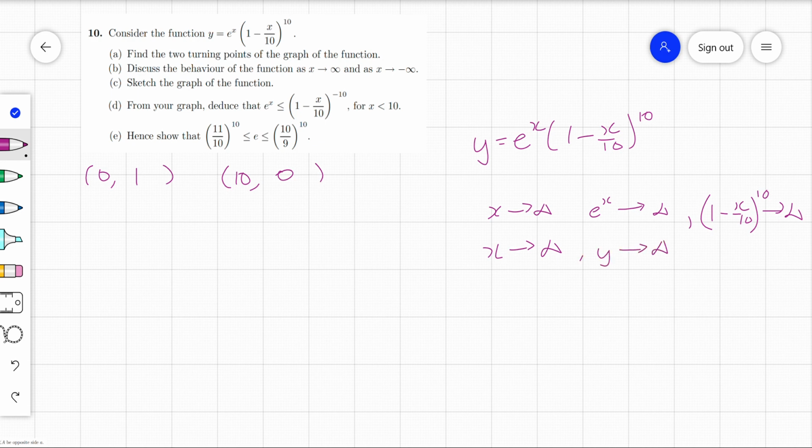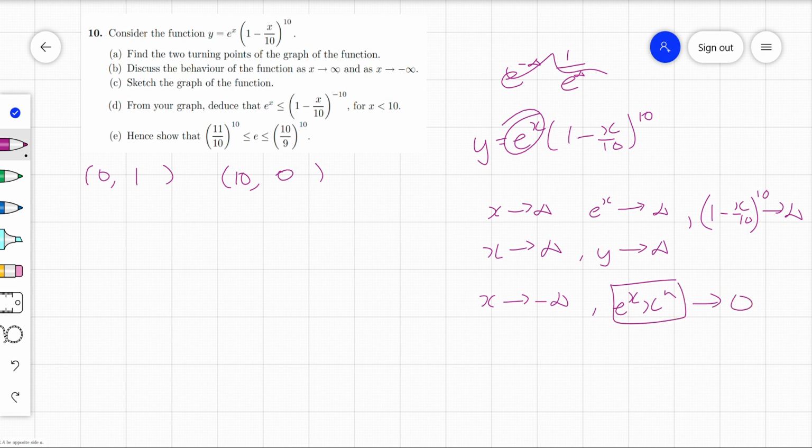So let's have a look at what happens when x goes to negative infinity. For this first part, I could put in negative infinity and I've got 1 on e to the infinity. So it's still positive, it's just getting smaller and smaller, so actually going towards 0. We also know that as x goes towards negative infinity, e to the x times x to the n, you may know this or you may not, tends to 0 for any n.